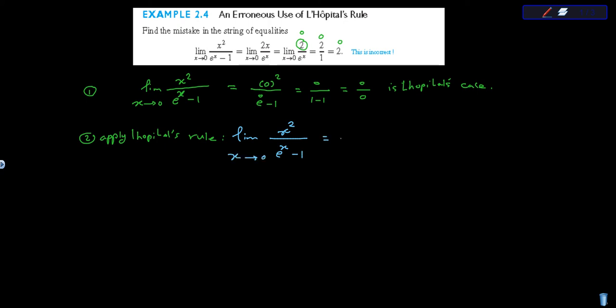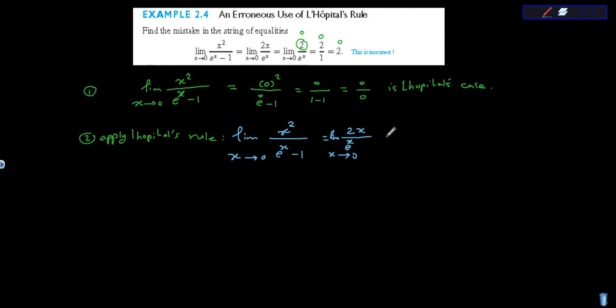This is equal to the limit as x approaches 0 of the derivative of x squared, which is 2x, over the derivative of e to the power x minus 1.